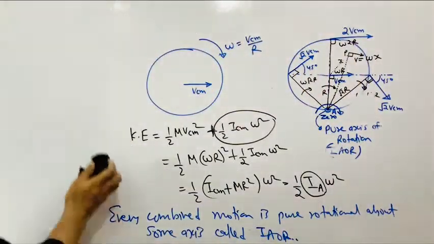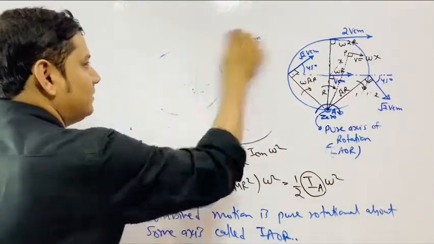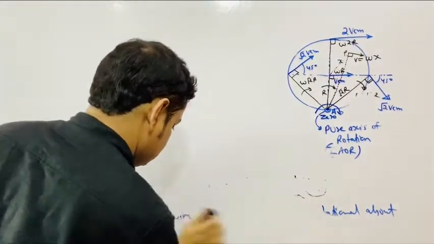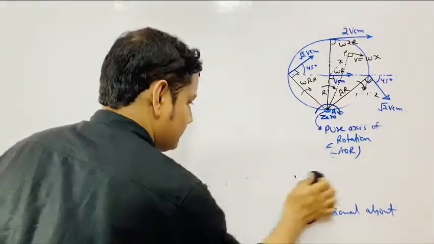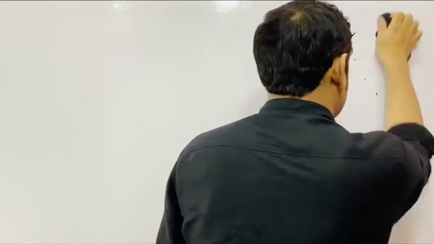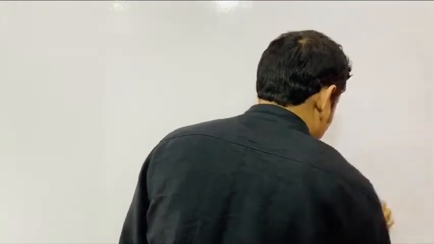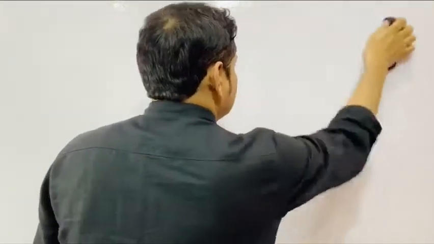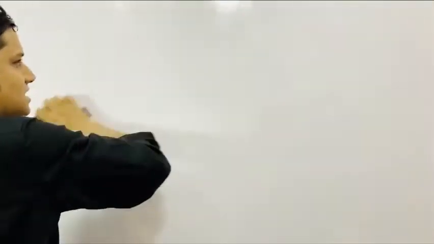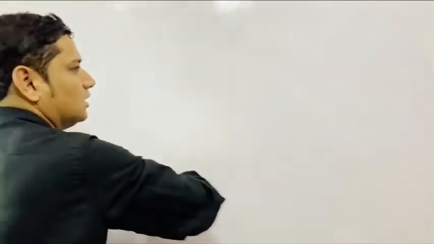So every combined motion can be converted into purely rotational motion. Let us see how. Seeing a body as combined motion or purely rotational motion is your choice. The only thing is that once you convert it into purely rotational motion, your equations, your formulas, and your solution of the problem become easy.